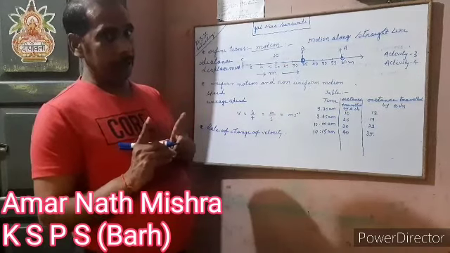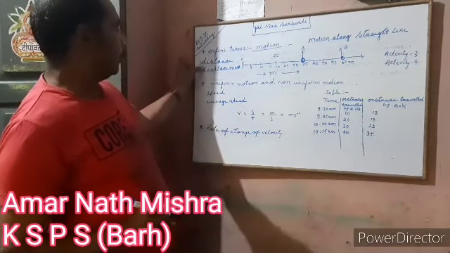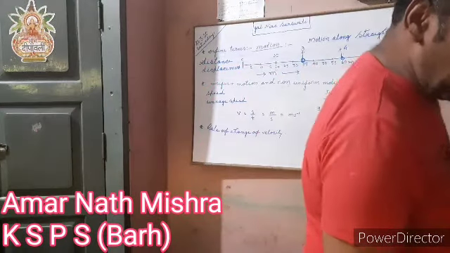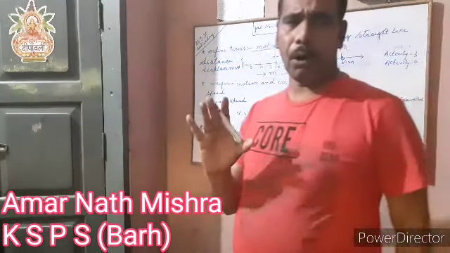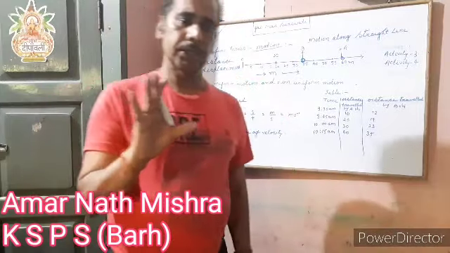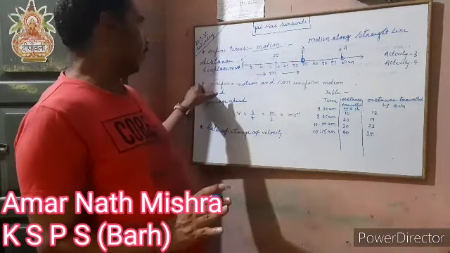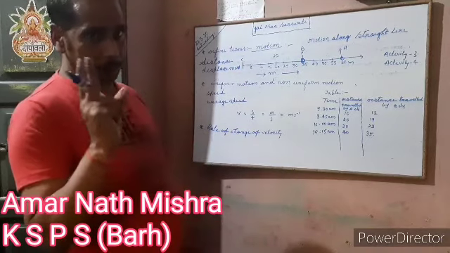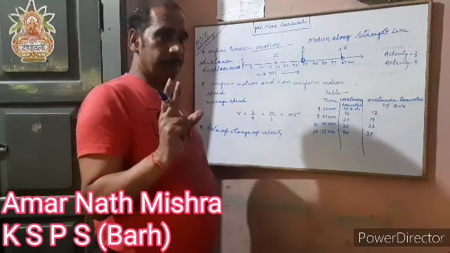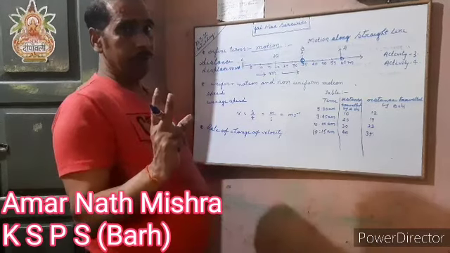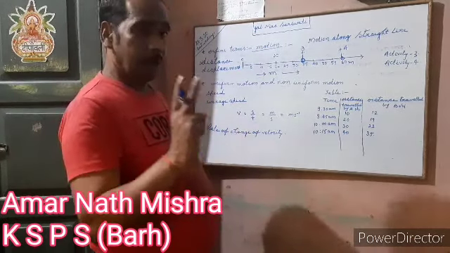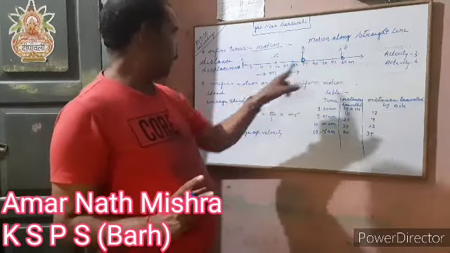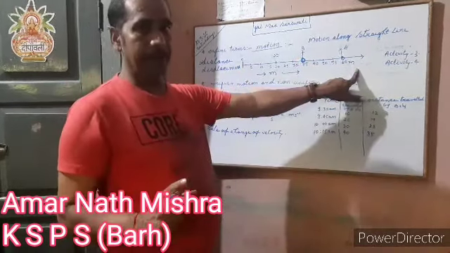So here is the second important point. We have to define distance: the actual length covered by an object is called distance, and the shortest distance, that means there are two positions. Always remember there are two positions: initial position and final position. Then you will say it is displacement.